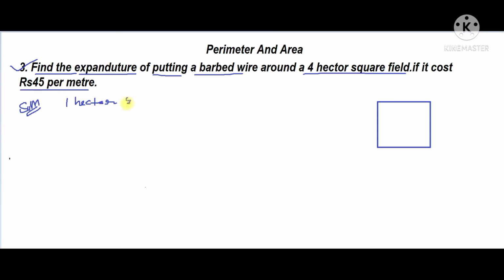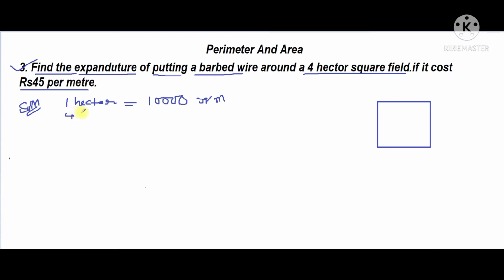1 hectare equals 10,000 square meters. These things you should remember. This field is given as a 4 hectare square field area.